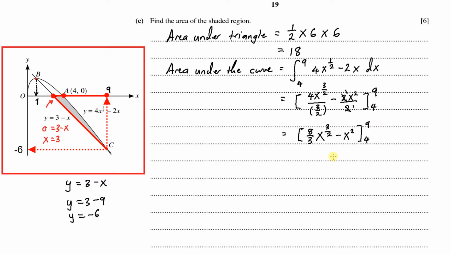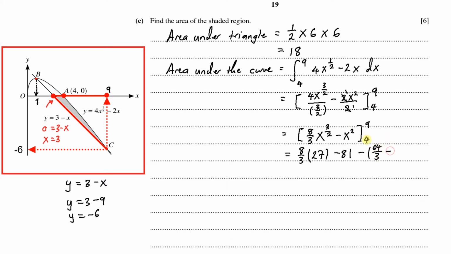I can now substitute 9 into this, so that's 8 over 3 of 9 to the power of 3 over 2. That simplifies to 27, and minus, substituting 9 into x squared, 9 squared, which is 81. And we subtract the substitution of 4 into this. So 8 over 3 of 4 to the power of 3 over 2. Now 4 to the power of 3 over 2 is 8, so 8 over 3 times 8 is 64 over 3.